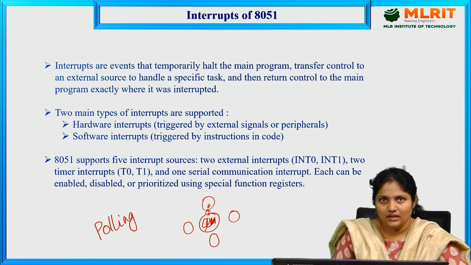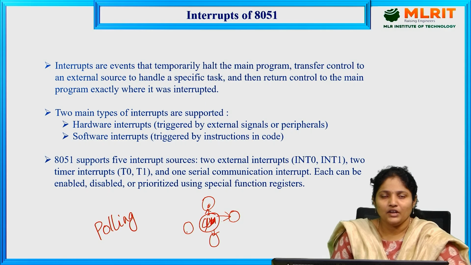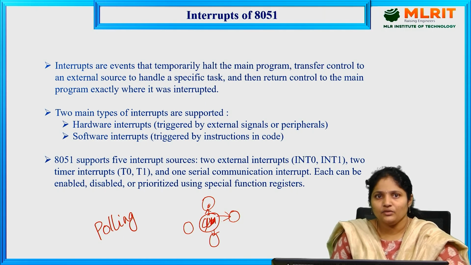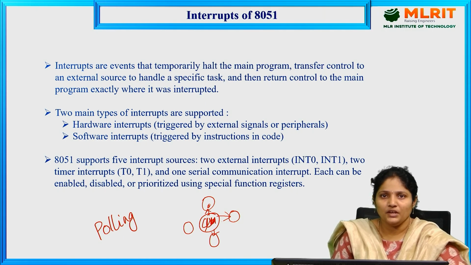If no interrupt is there, then it will check the next one. If an interrupt is there, it will execute it and then check the next, and so on. It is a waste of the controller's time. With interrupts, only when an external interrupt or any interrupt occurs can the controller access it. That's why the interrupts concept evolved.